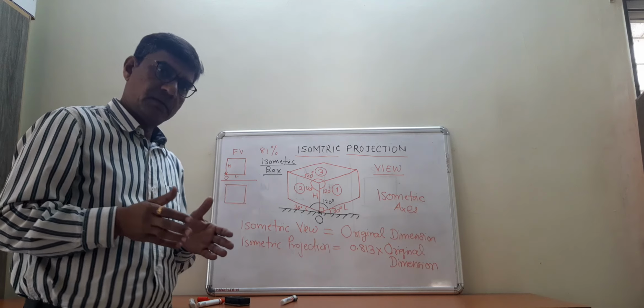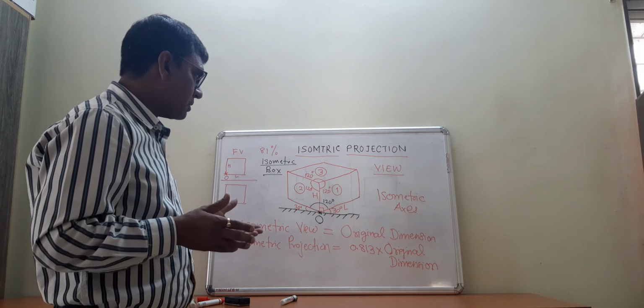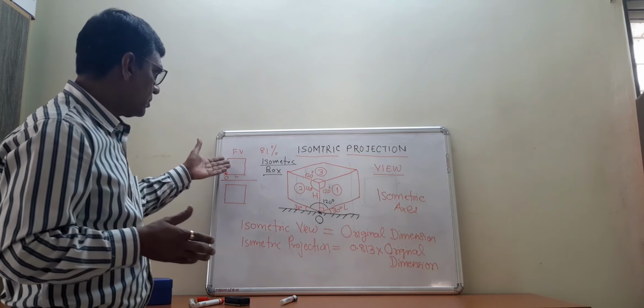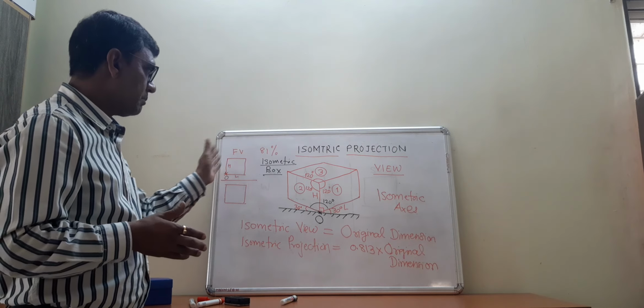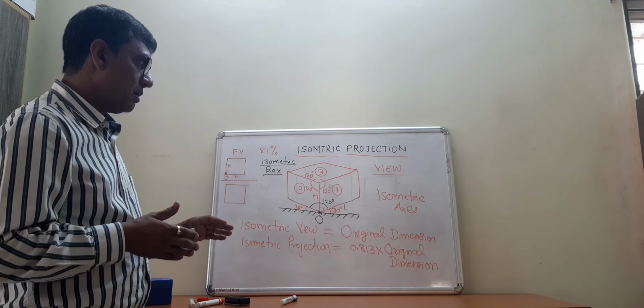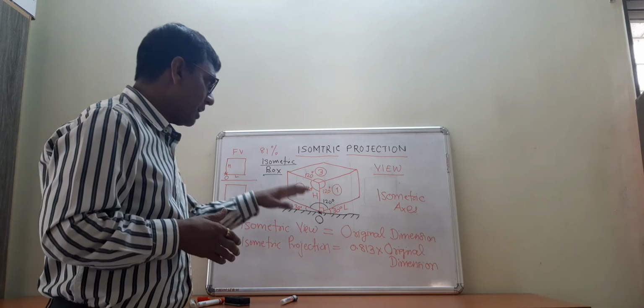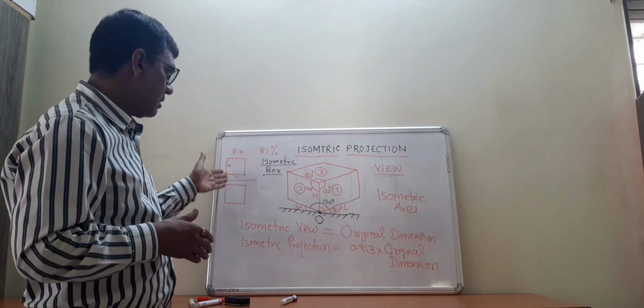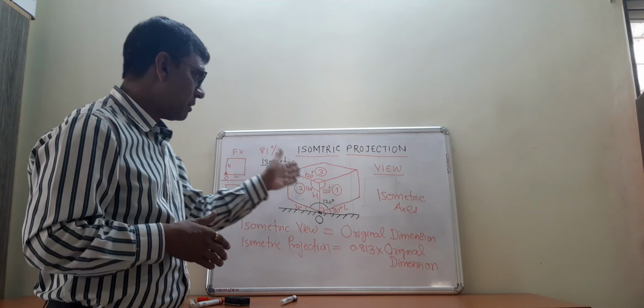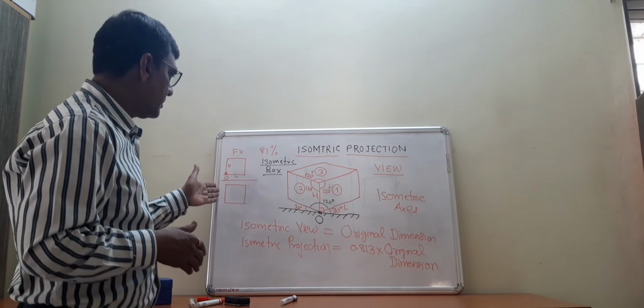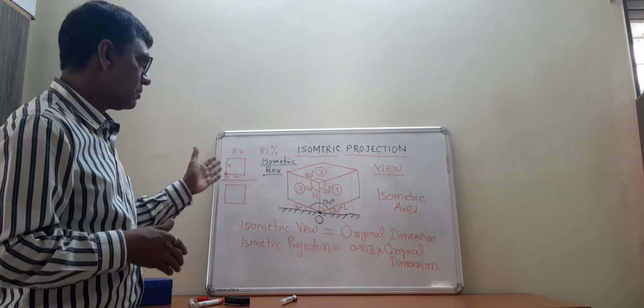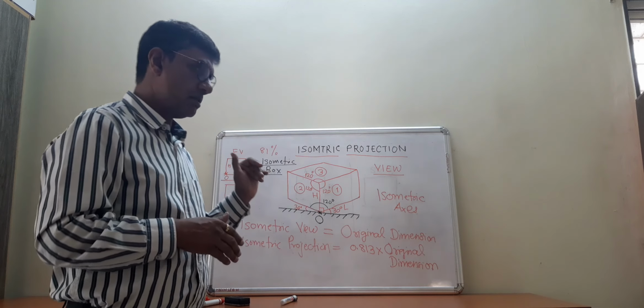What we have studied in this part is how the two orthographic views can be placed in the isometric box. Lines which are parallel in the given question are going to remain parallel in the answer. Lines which are vertical in the given question are going to remain vertical in the answer.